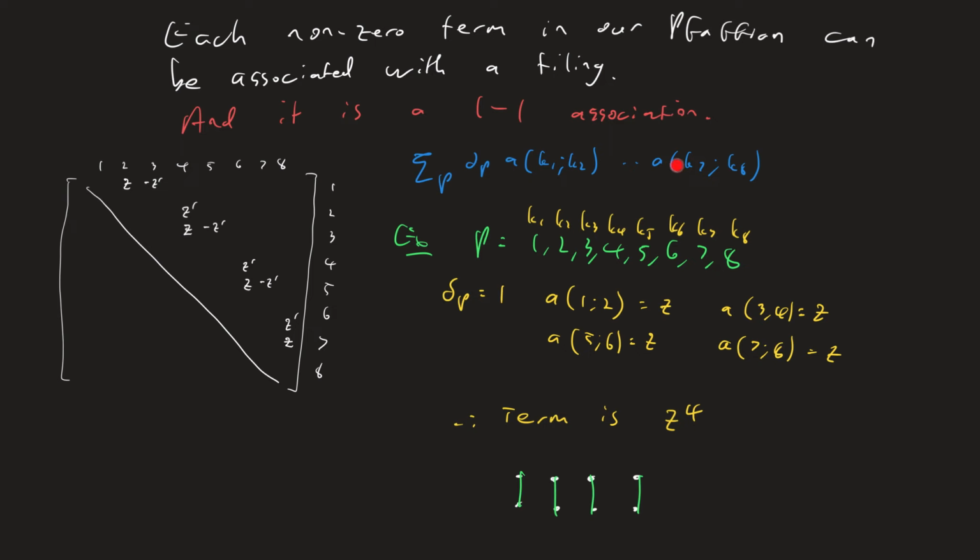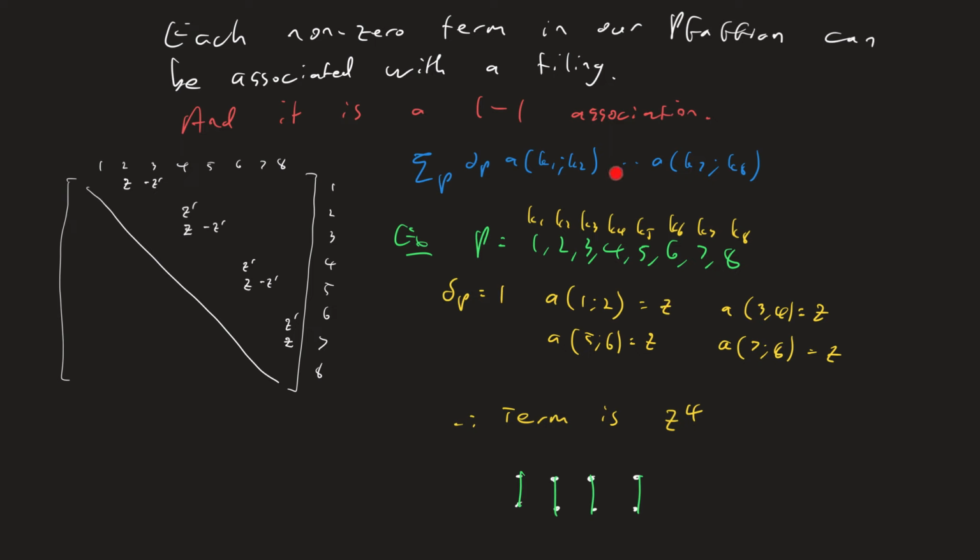Next, we have the product of 4 elements of this upper triangular matrix here. These elements are given by the one at position K1, K2, the one at position K3, K4, the one at position K5, K6, and the one at position K7, K8. With this particular permutation that corresponds to this tiling, K1 is 1, K2 is 2, etc., K8 is 8. And so the 4 terms we care about are the term at 1, 2, where we have a z.